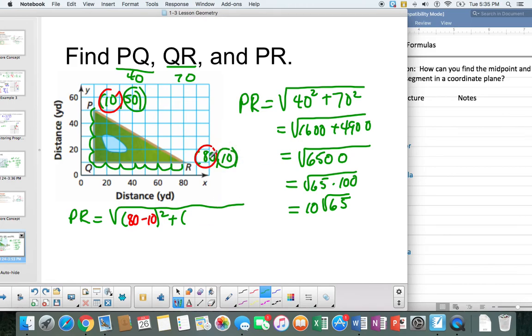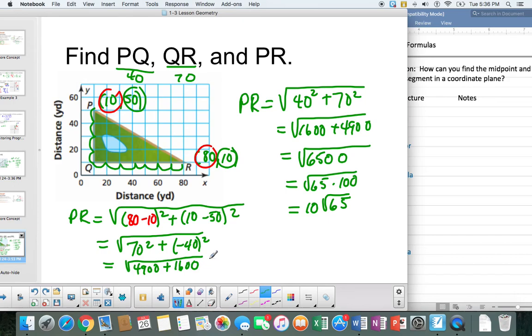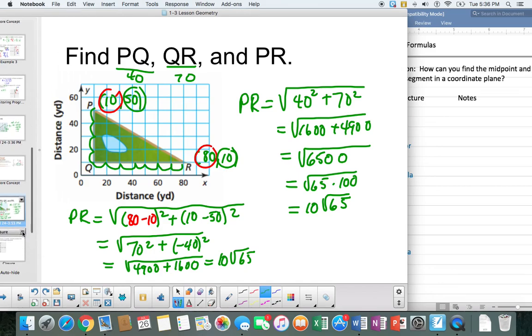So since I started with 80 here, I want to start with 10 here. 10 take away 50, squared. This number will be 70. So this will be 70 squared. Notice how that matches with the 70 I have up there. And this is going to be -40, but when you square -40, the answer is going to be positive. So I'll write -40 squared, but I know that when I square it, I will still get the same answers I did over here. I'll get 4900 plus 1600, and that will simplify to 10 root 65.